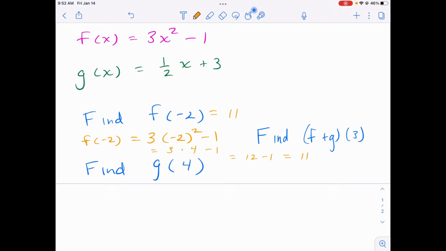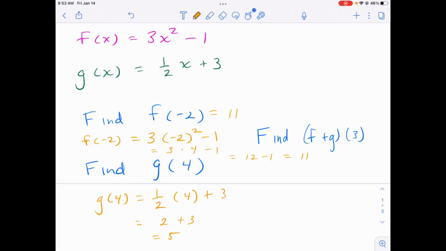Let's take a look at g of 4. That means everywhere I see an x, I'm going to put a 4 for that function g. So g of 4 is 1/2, and instead of x, I put a 4, plus 3. Order of operations says multiplication before addition. 1/2 times 4 is 2, plus 3 is 5.